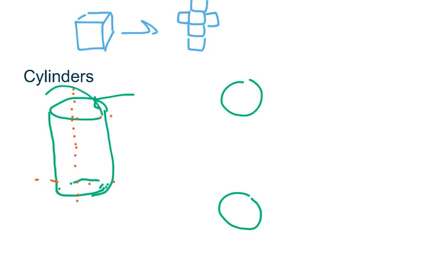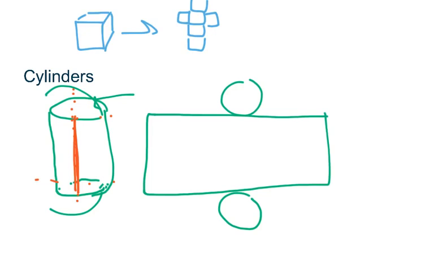So just imagine lifting that off of both of these. Then we're going to cut along where this red line is and open up what's left. And what ends up happening is we get something that's super long like that. And that right there could be a net for a cylinder.